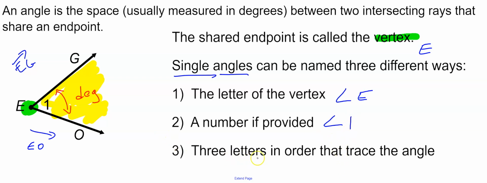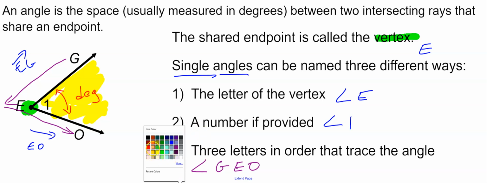And I can name it by the three letters that are on the angle if I trace them out. So if we go this way in purple, trace the angle. If I trace the angle that way, that's going to be angle GEO. If I trace the angle, let's use a different color here. Let's use orange.